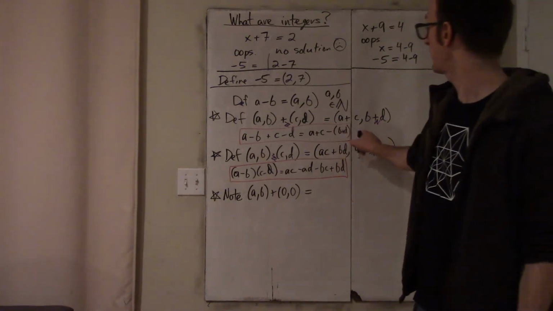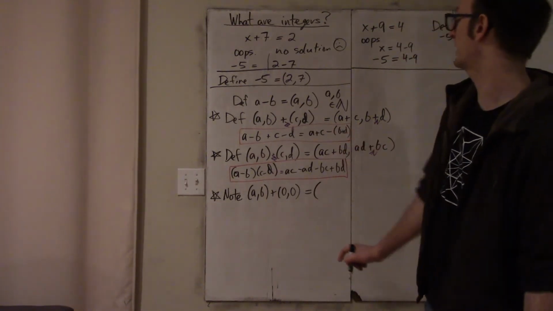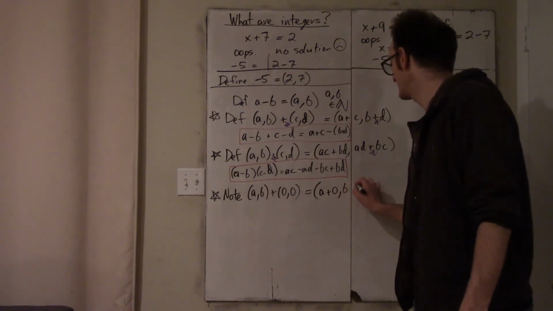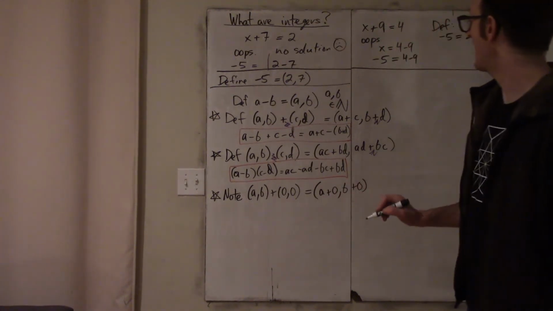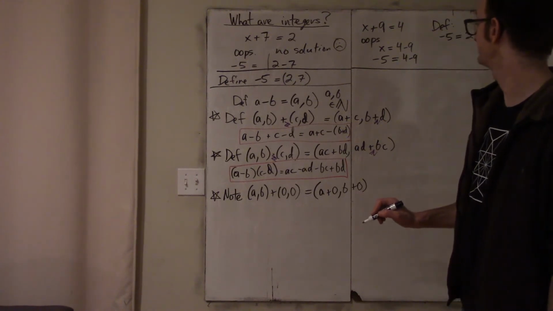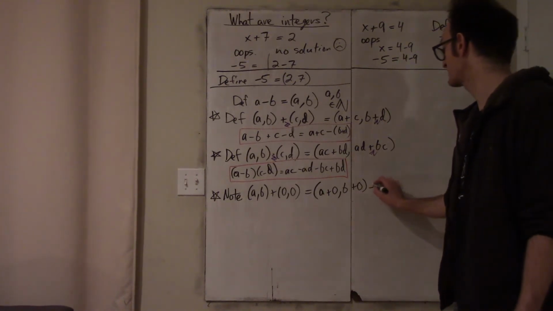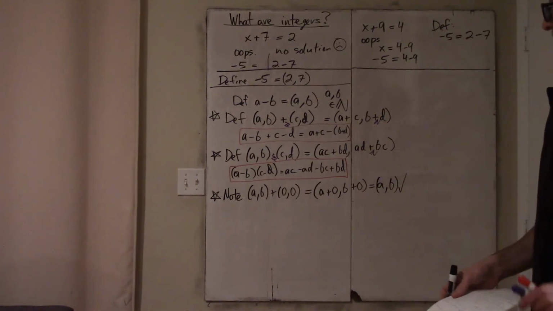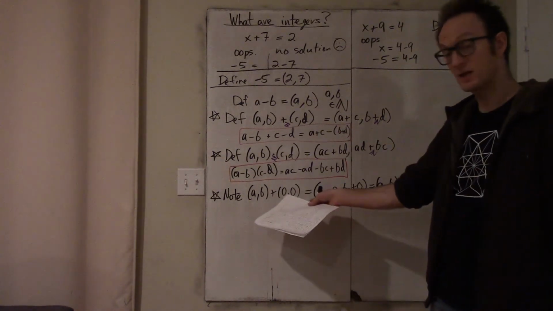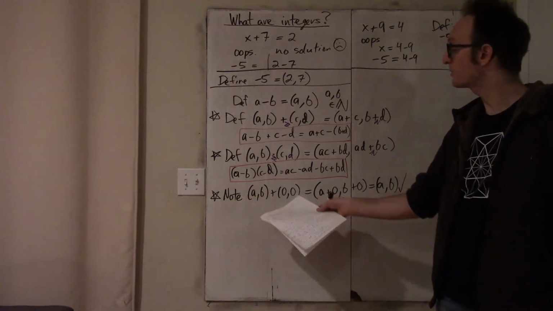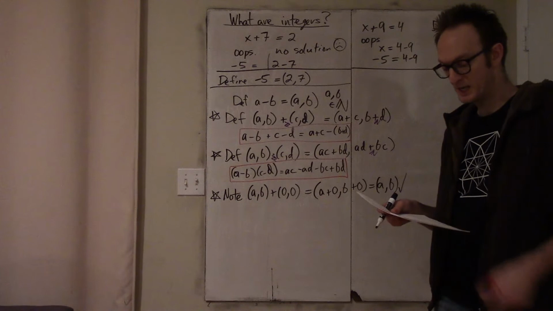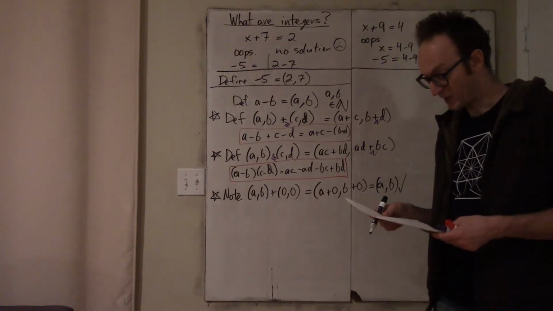Mindlessly following the rule here, we get (A plus 0, B plus 0), and that's just (A, B). So it seems that everything worked out great, and that this particular ordered pair (0, 0) is the additive identity for integer addition. Great.